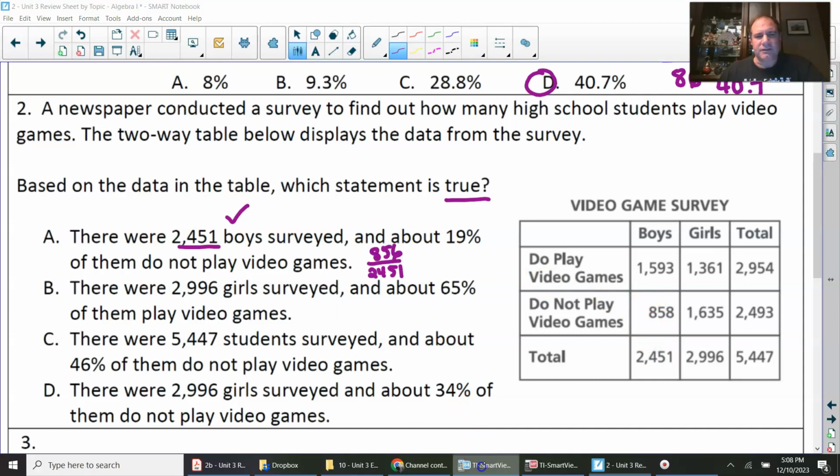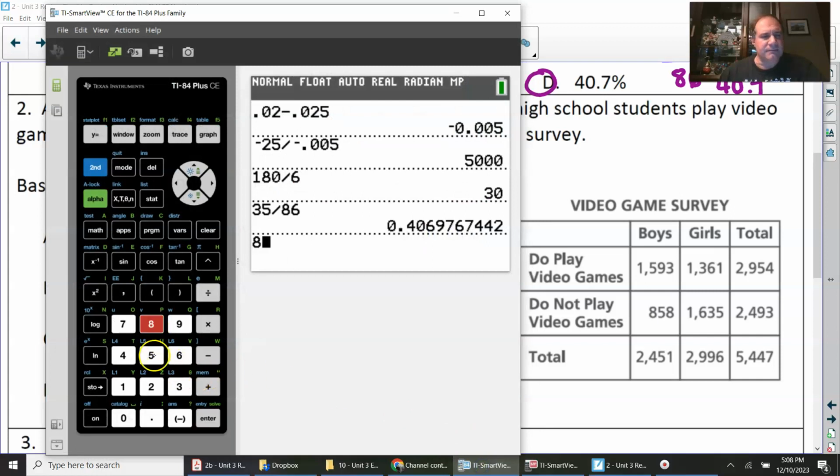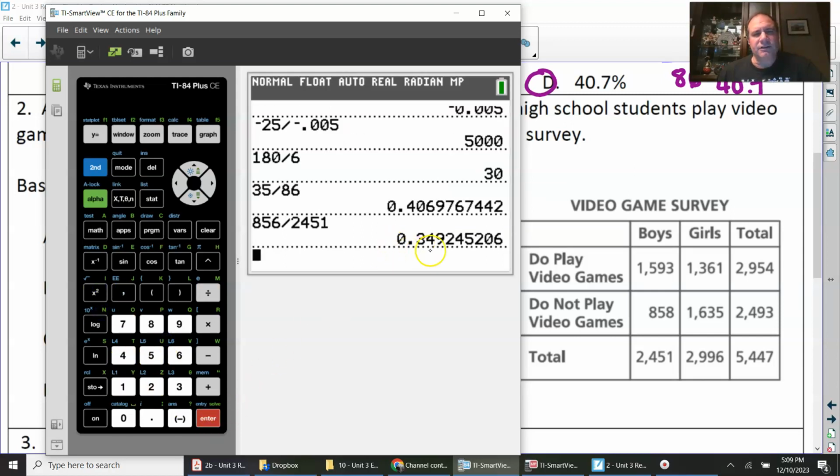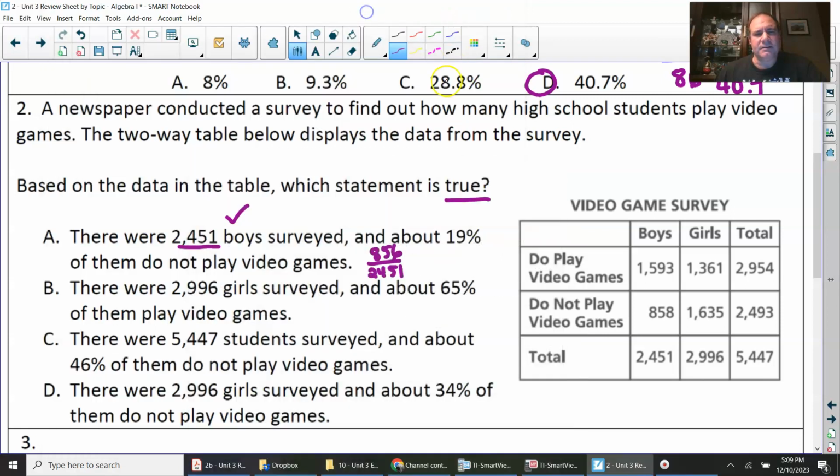Let's see if that's true. 856 divided by 2,451 is 34.9%, and that is false.